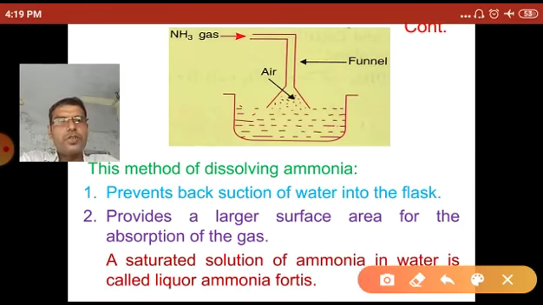Now, a saturated solution of ammonia in water is called liquor ammonia fortis.